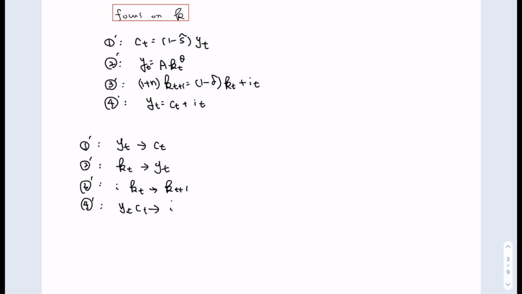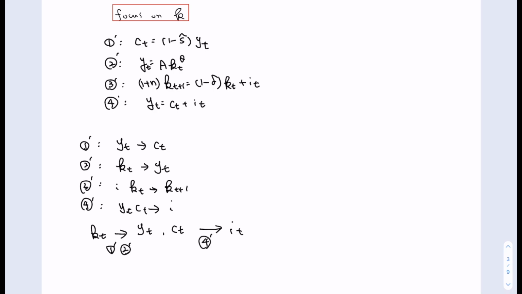So to wrap up, we can argue that when we are trying to solve this system of equations for the Solow model, we can simply focus on the capital stock level. Once the capital stock level for each period is determined, then all the other variable values can be determined. Because from the first equation and the second equation, once we know the k, we know the y and c.